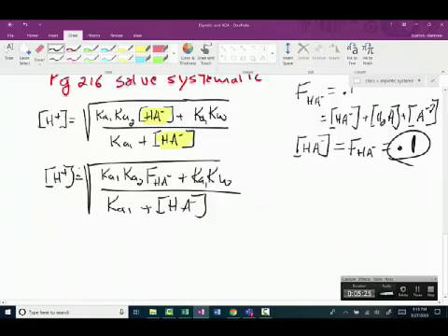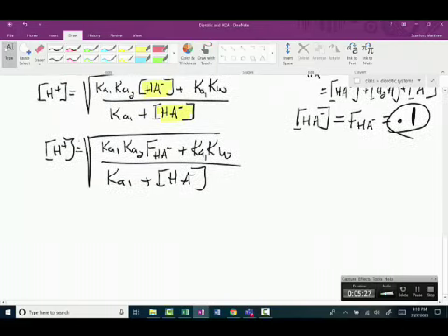Now I got my assumptions, and here's where you have to be a little bit leery. Assumption number one, actually two. Assumption number one was the concentration of HA minus is equal to the formal concentration of HA minus, KHA in this case. Okay.